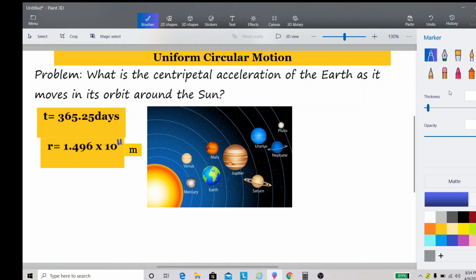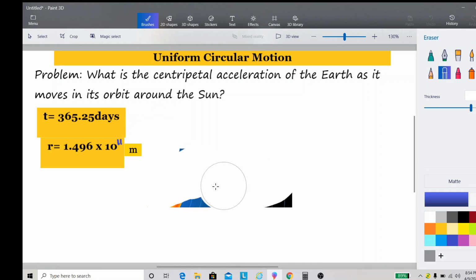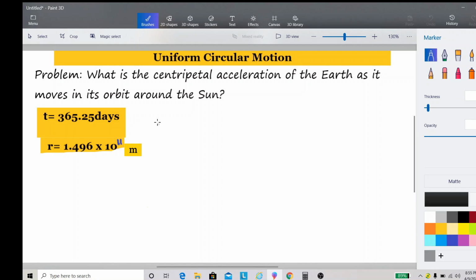Let us erase this now, and we are now going to solve this problem. Yung centripetal acceleration is equal to V squared all over R. Ngayon, yung V natin, yung V is equal to the displacement over the time.